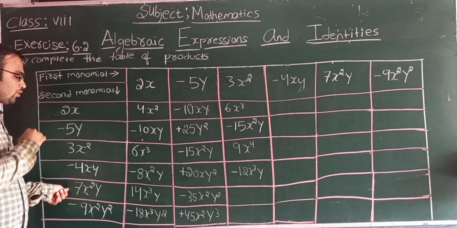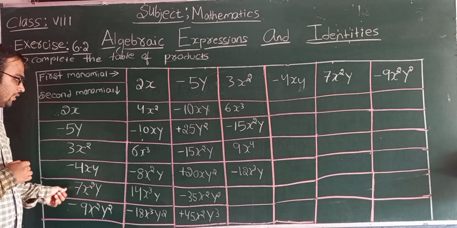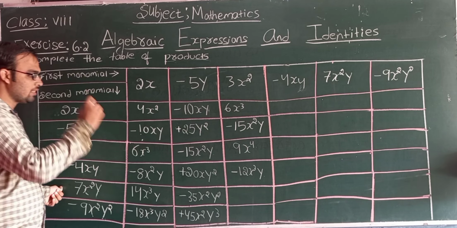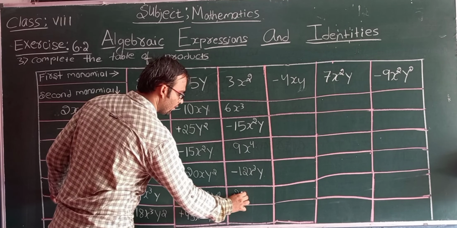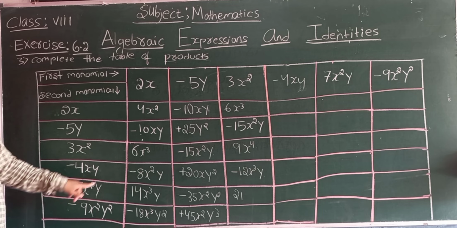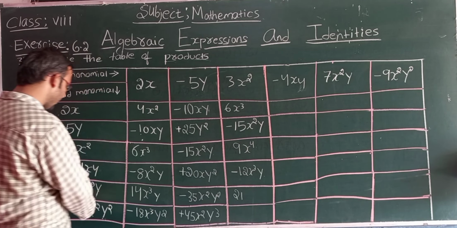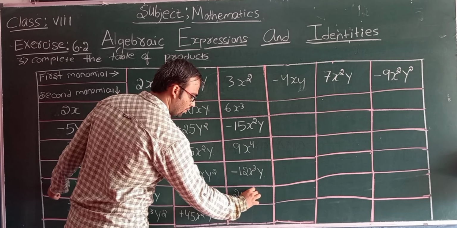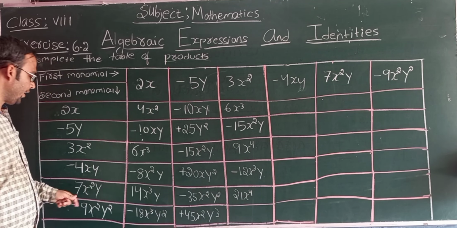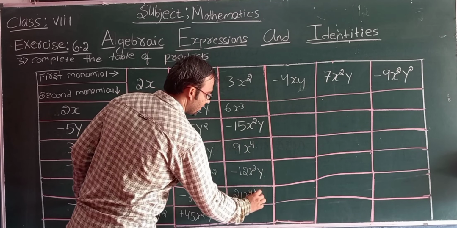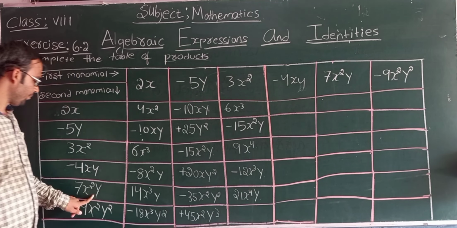So 3x square and 7x square y is there, so both the side plus is there, so don't get worried. 3 7s are 21. X square and x square. Okay, so here x square into x square will be x to the power 4, and y is there. Okay, so there is no y, so right here only y.